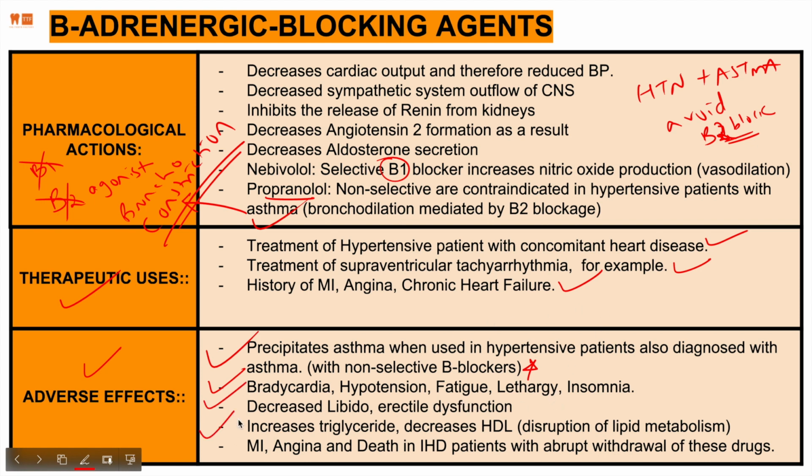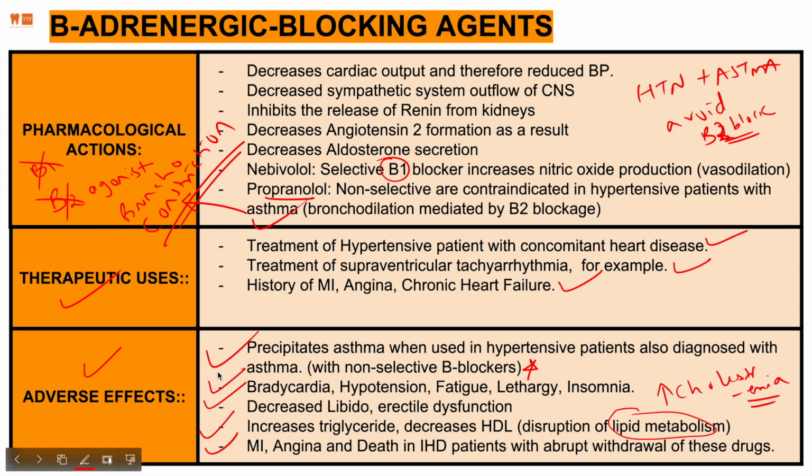It increases triglycerides and decreases HDL. Therefore, lipid metabolism is disturbed, leading to an increase in cholesterol in the blood. MI, angina, and death in IHD patients can occur with abrupt withdrawal of these drugs.